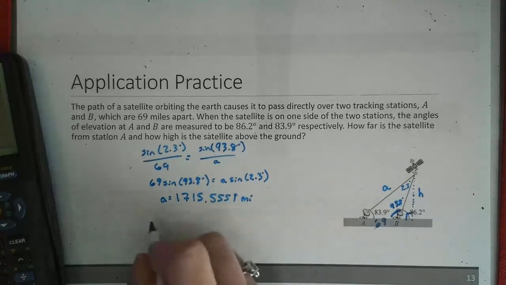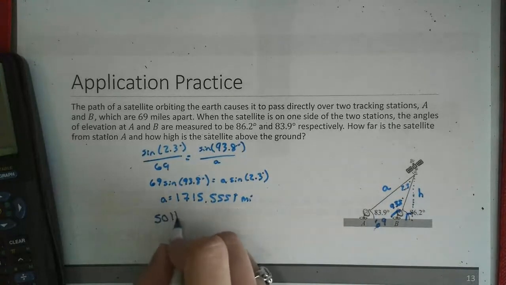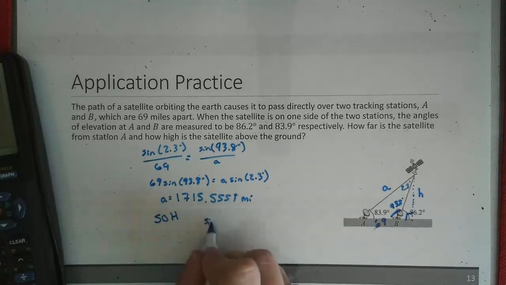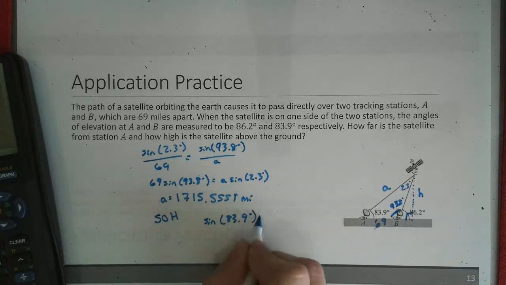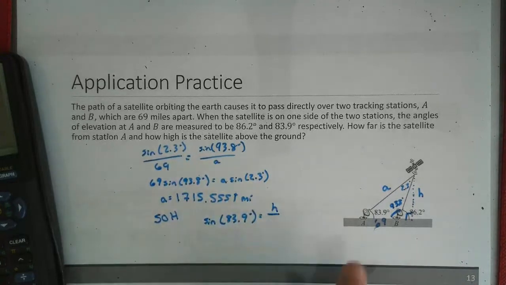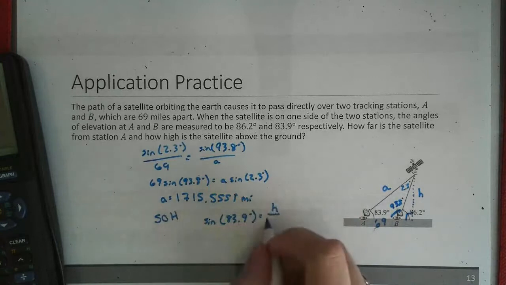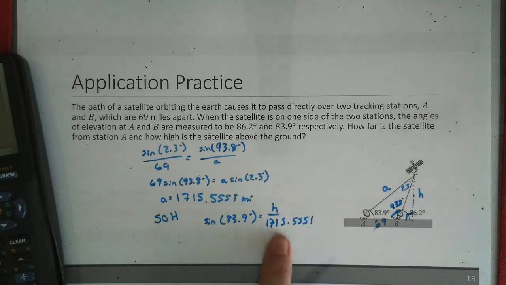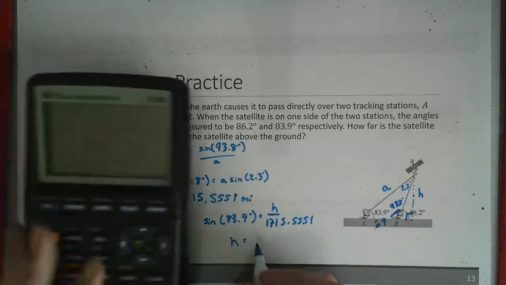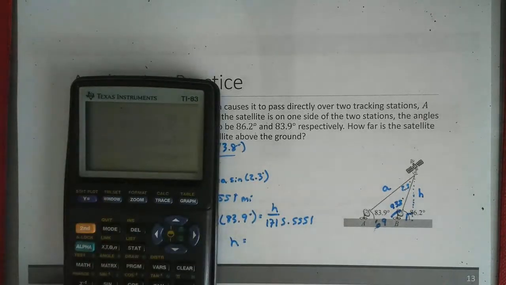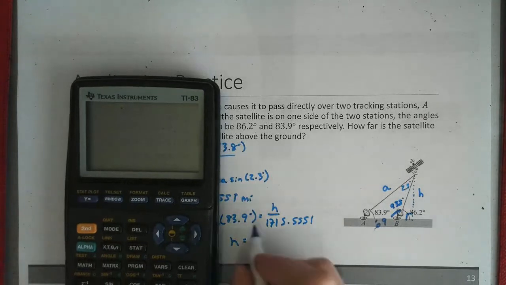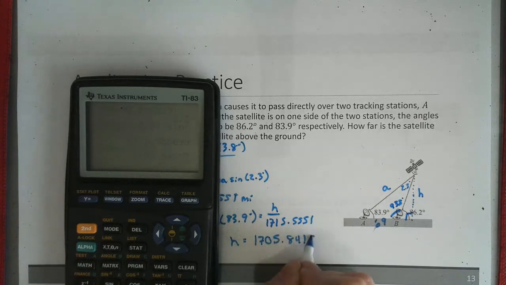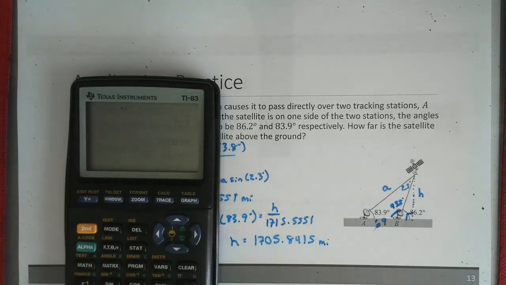Opposite and hypotenuse, that's sine, because the SO from SOHCAHTOA tells us that the sine of our angle, 83.9 degrees, is equal to the opposite side, H, over the hypotenuse side, which is A. That's what we just found, 1715.5551. If I multiply both sides by that 1715.5551, I get H is equal to that number times the sine of 83.9 degrees. And I get that the height off the ground is 1705.8415 miles.